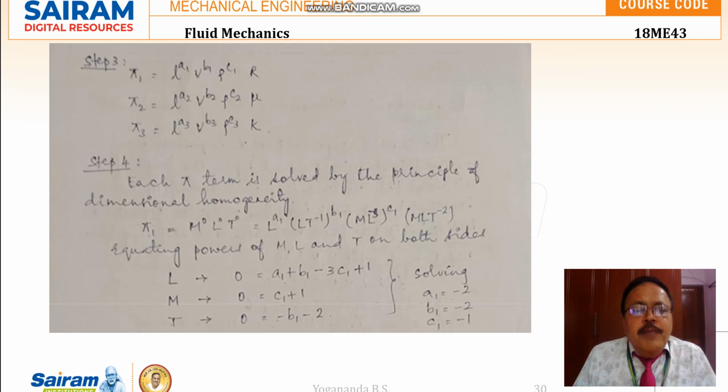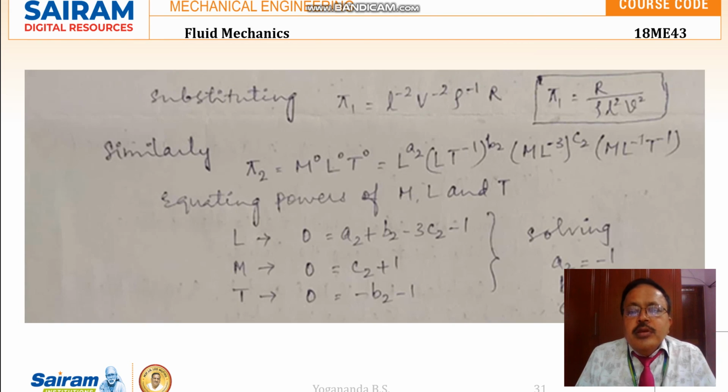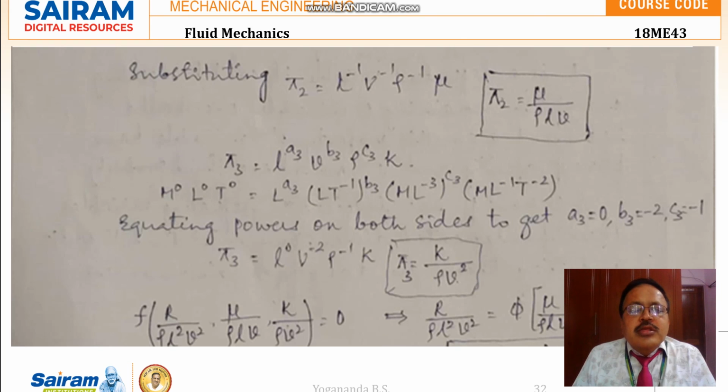Similarly, go to the pi 2 term: L to the power of A2, V to the power of B2, rho to the power of C2, mu. Equating the powers of L, M and T on both sides and solving, we get A2, B2, C2, and substitute them in the pi 2 term.